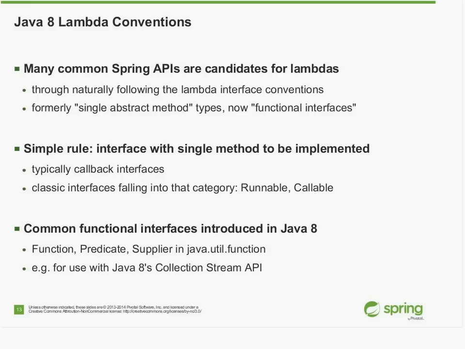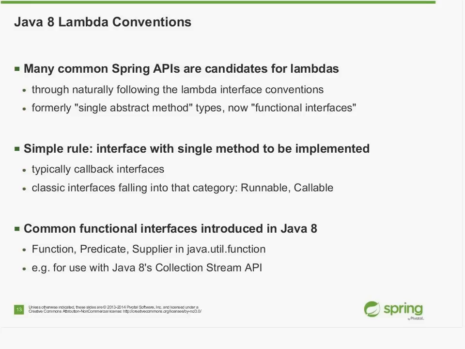Anyway, there have been quite a few additional common types introduced to the Java 8 libraries. In the java.util.function package, you'll find Predicate, Supplier, Function itself. There are quite a few nice, typical, common callback interfaces introduced in Java 8, of course.